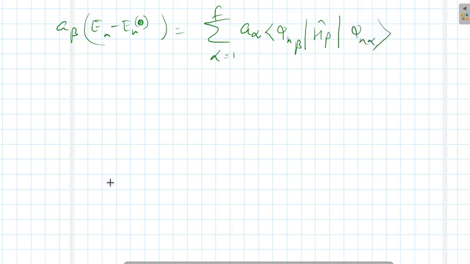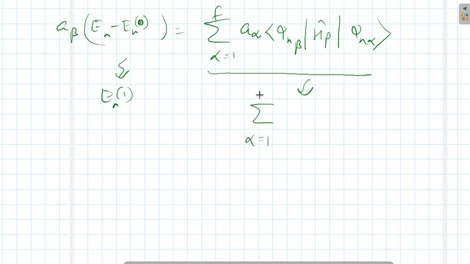Let me call this En1, and in short notation this summation term can be represented as summation over alpha from 1 to f, A alpha HP beta alpha, right? So I can write this in this manner.